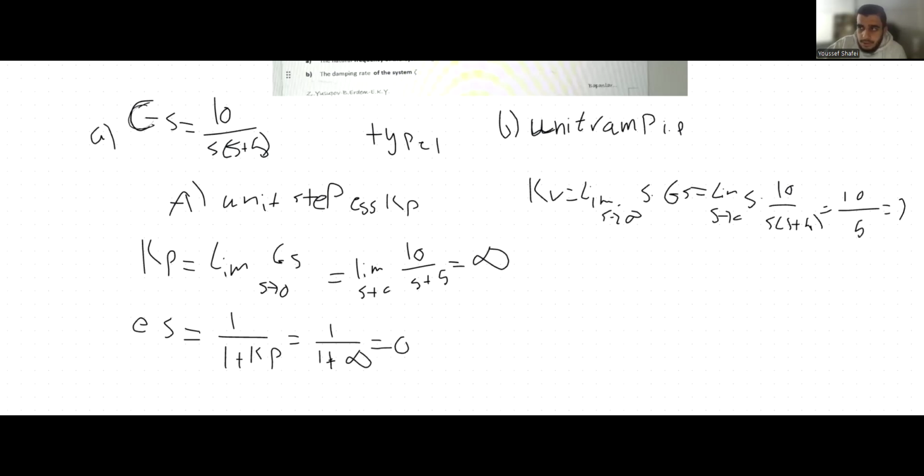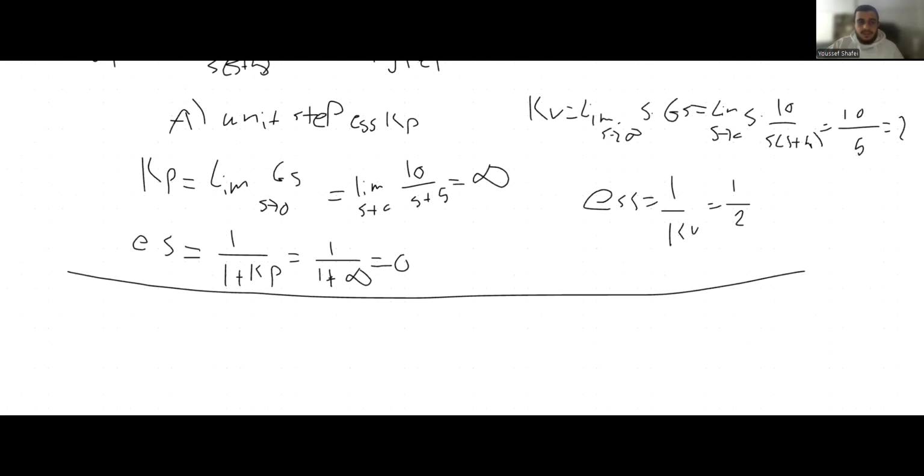So the ess equal 1 over Kv equal 1 over 2. That's the second.